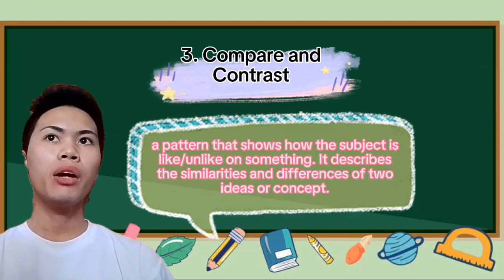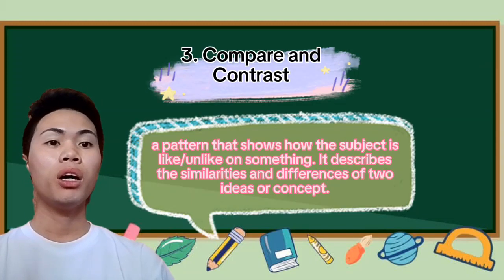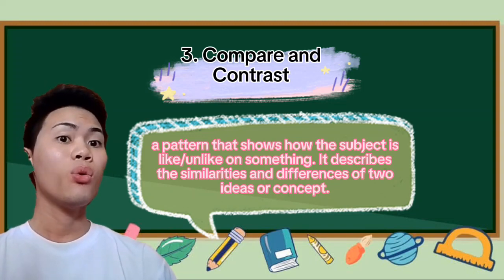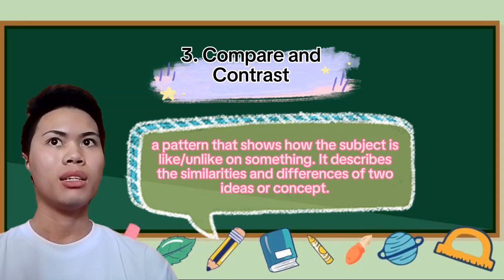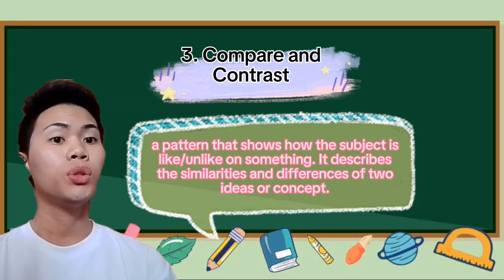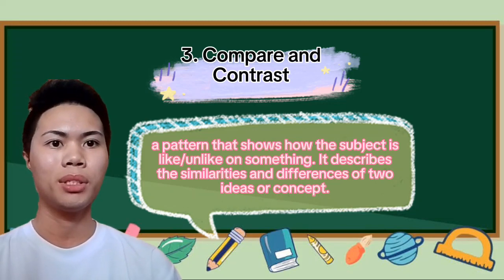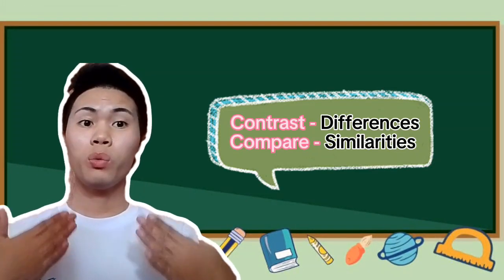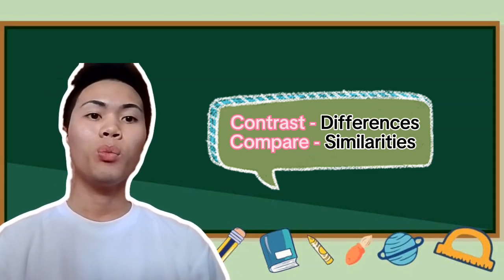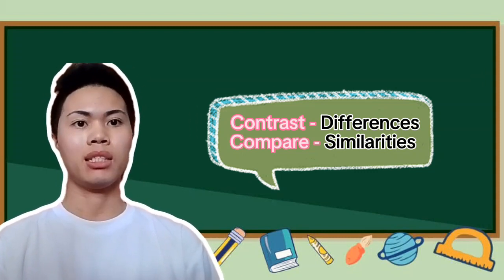When we say compare and contrast, it is a pattern that shows how the subject is like or unlike something. It describes the similarities and differences of two ideas or concepts. Contrast is the differences, while compare is the similarities.